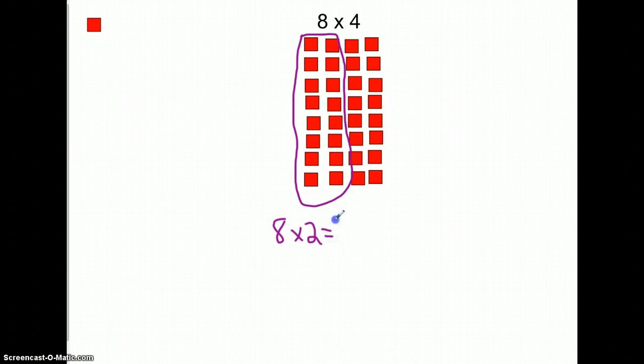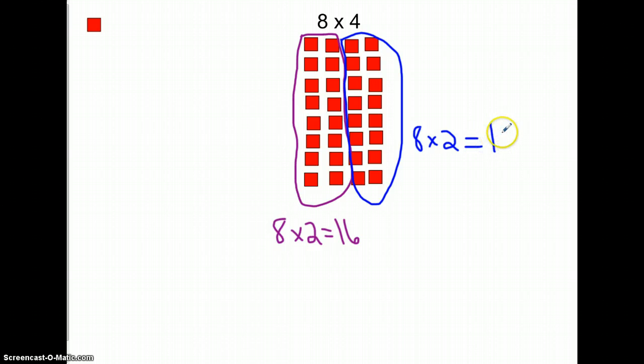2 8s equal 16. If that in purple is 8 times 2, then I bet you could tell me right here we have another 8, and there are 2 columns of that. And I know that you can tell me again that 8 times 2 is 16.